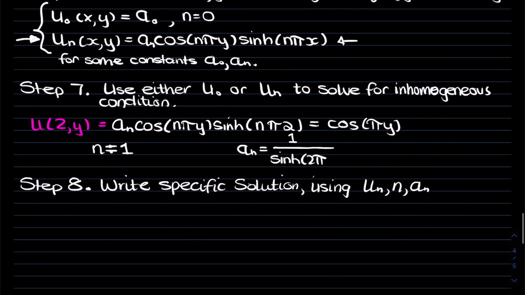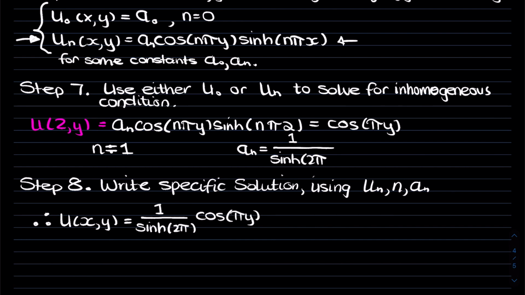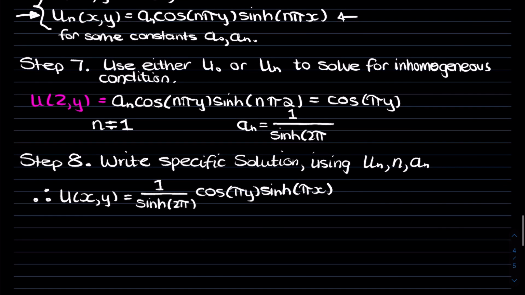So all that equals, we get U of x, y. It's no longer u of n because we know what n is. N is 1 in this case. So our A_n is 1 over the hyperbolic sine of 2 pi. And that's multiplied by cosine pi y because n is 1, and the hyperbolic sine of pi x. So that's our specific solution.